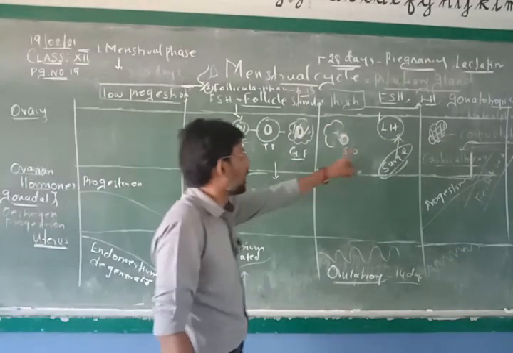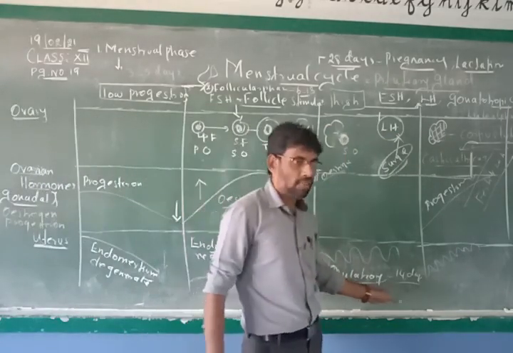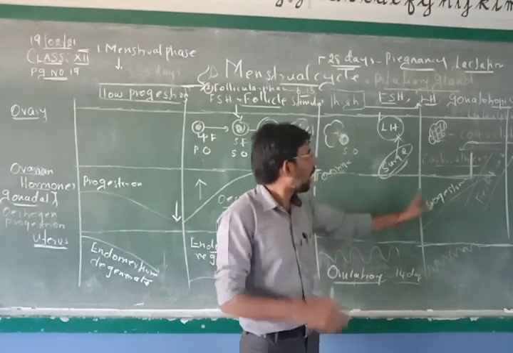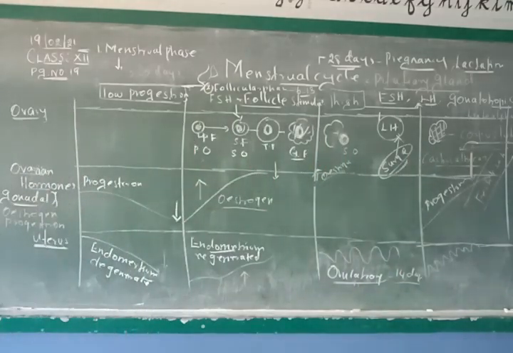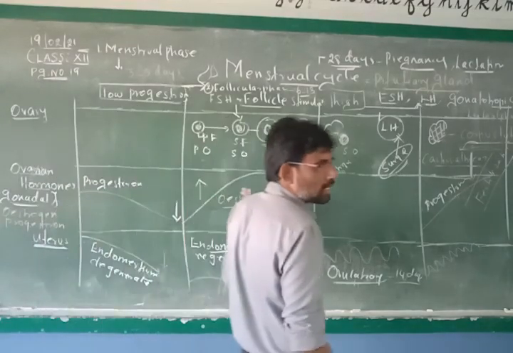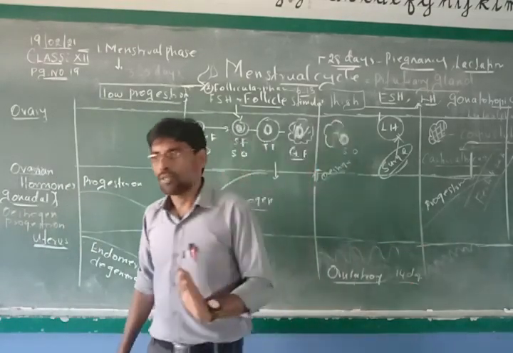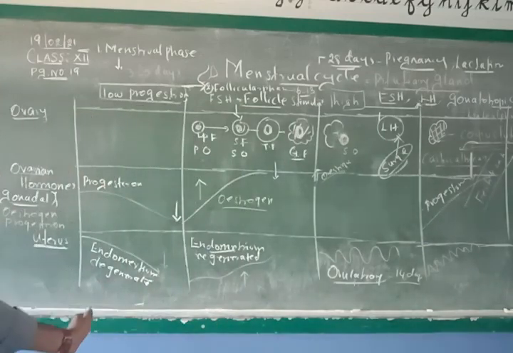Ovulation happens on day 14, and this leads to another temporary structure called corpus luteum, which we have discussed. So the luteal phase is also called the secretory phase, and it is from 15 to 28 days. Clear? Any doubt regarding this? You understood? Very important public 5-mark question.